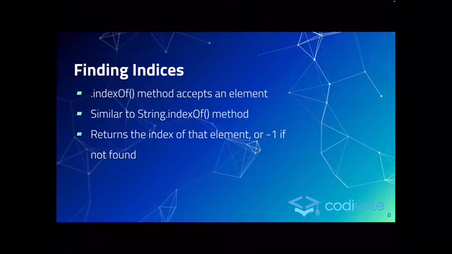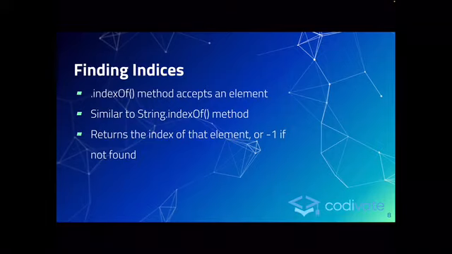To find a certain index of a certain element in an array list, you can use the indexOf method. The indexOf method accepts an element and then it will return the index of that element, just like it would if you tried using it on a string object.